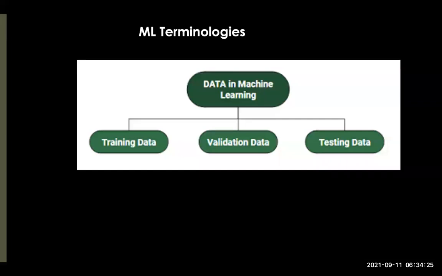There should be a way for you to verify whether that model is actually good, whether it's performing very well. That's why when you get the data, you divide the data. People use two sets. They divide it into two parts. One part is used to build the model. The other part is used to check the performance of the model.